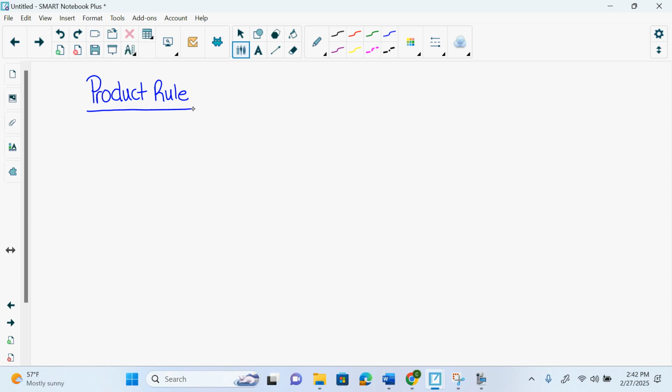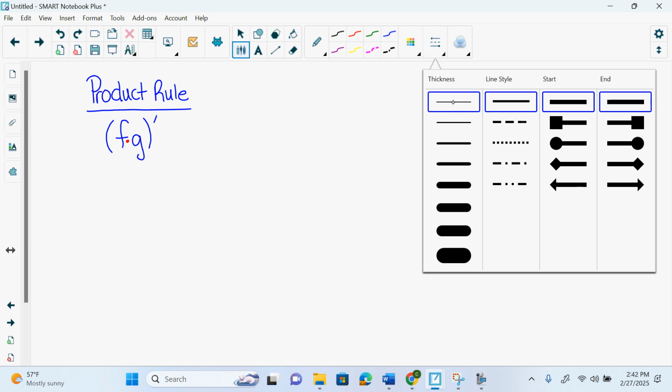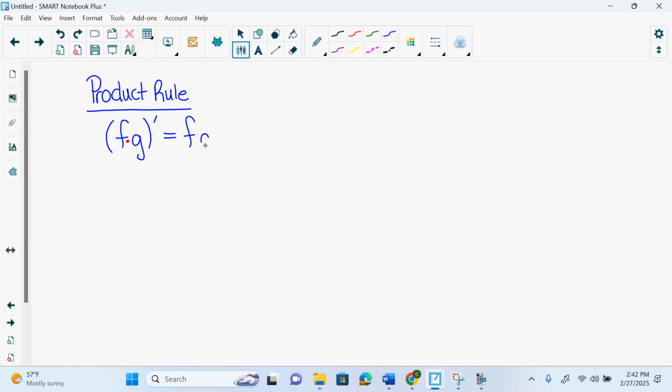So if you have FG and you want to find the prime of it, FG beside each other is the same as saying F times G. Two things multiplied, correct? How we do the formula is F times G prime plus G times F prime. It sounds way worse than it is. But you have to use the product rule whenever you have two things producted.